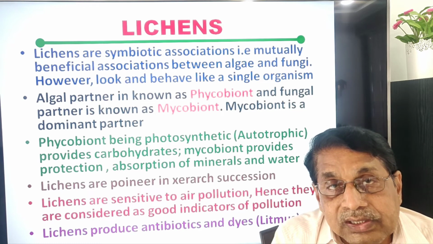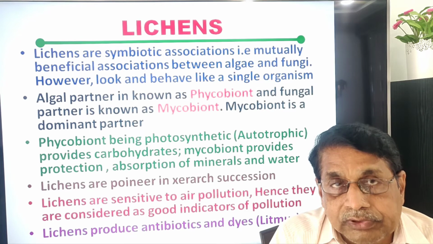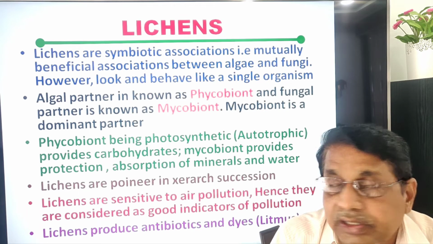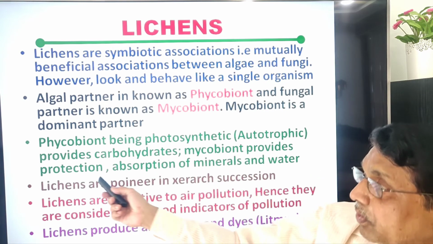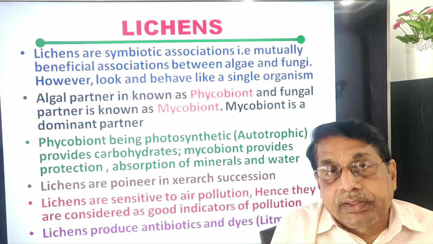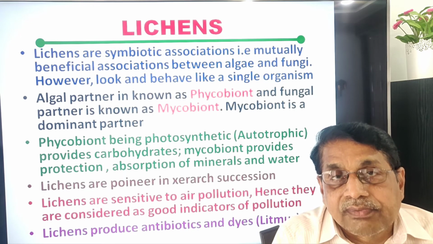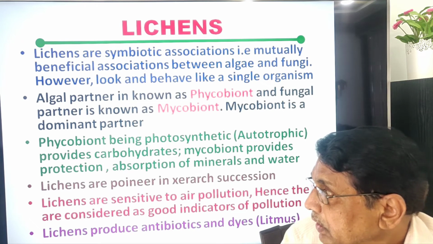Then what does the fungus do? The fungus in turn provides protection under dry, extreme conditions. Mycobiont provides protection and absorption of minerals and water. From whatever surface they grow on, they absorb the nutrients.